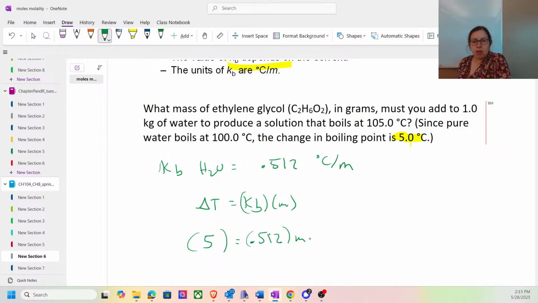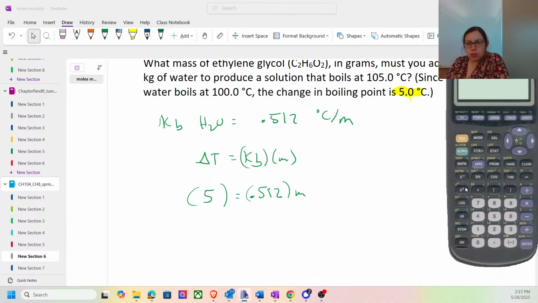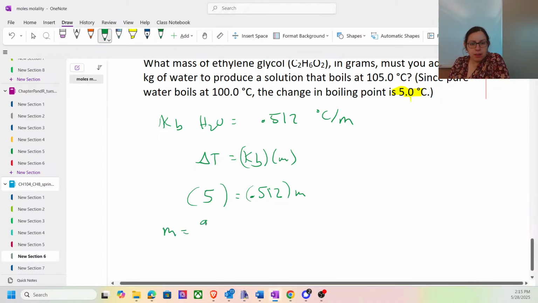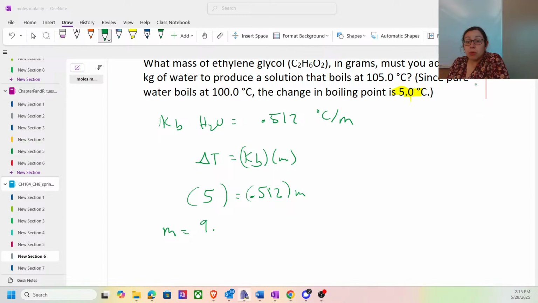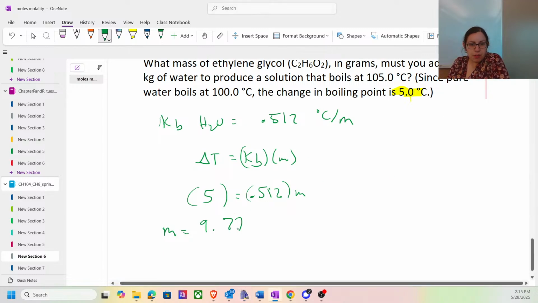So now we need to solve for the molality. So we can do that first, divided by 0.512. I get that we need a molality of 9.77 roughly. So again, that's moles per kilogram.